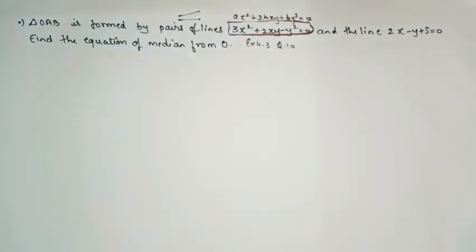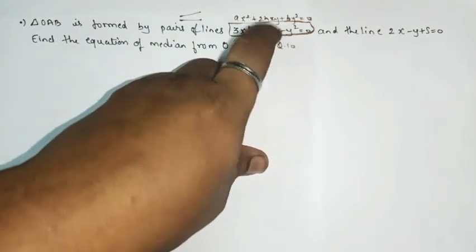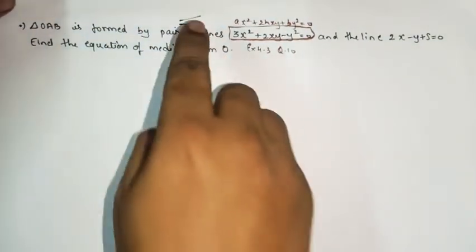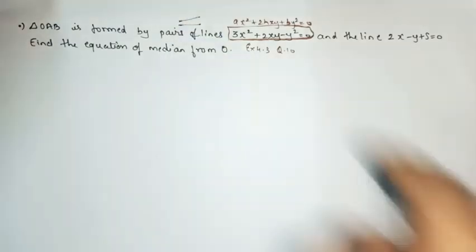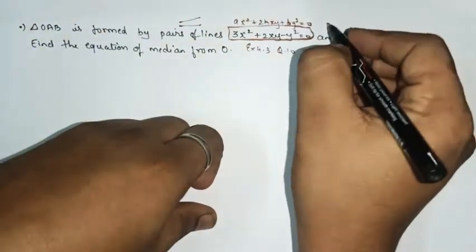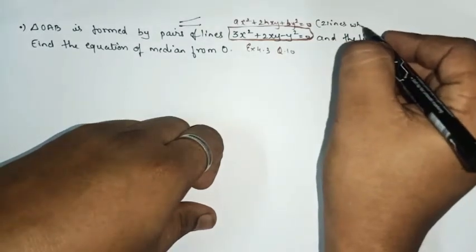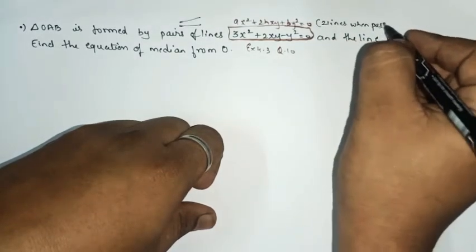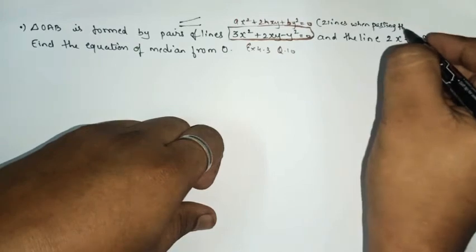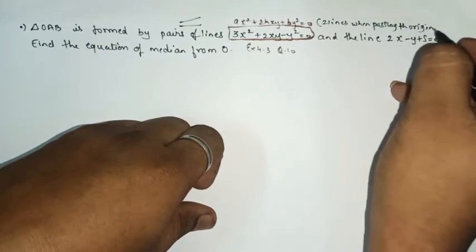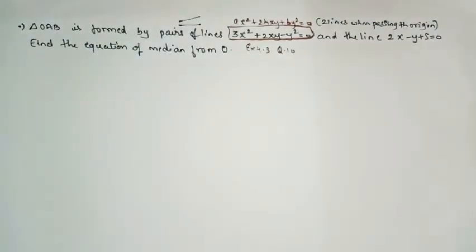As we know, this quadratic equation is known as a homogeneous second degree equation, and we get this equation when the two lines are passing through the origin, as we all know.